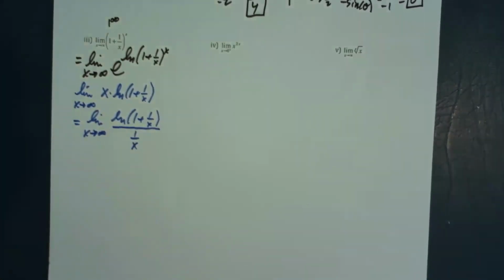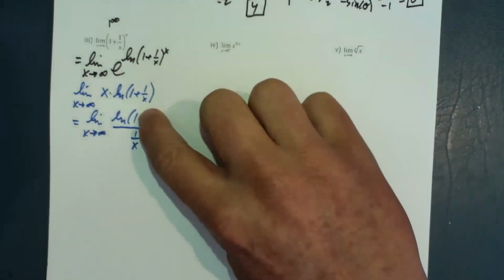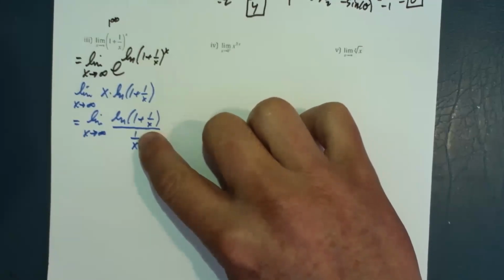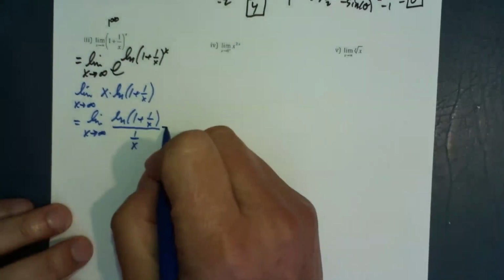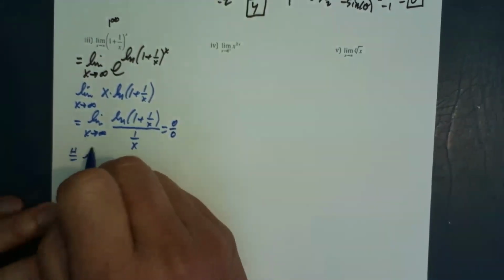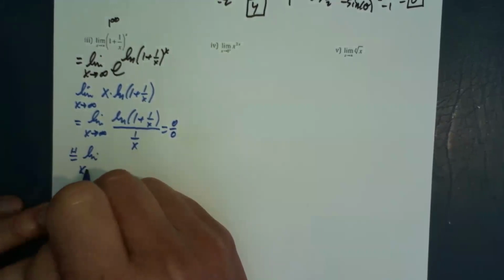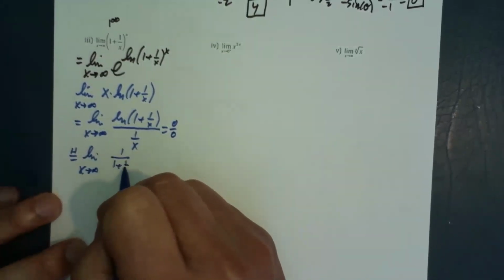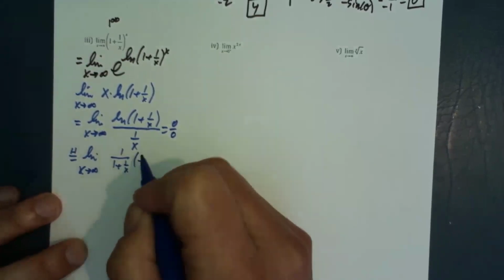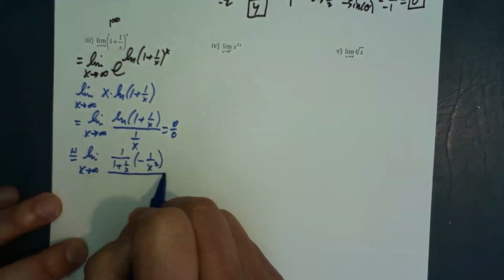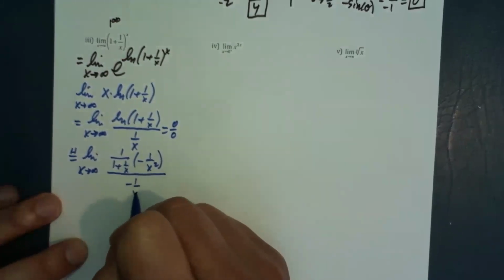And now I have 0 over 0. As x goes to infinity, the whole part goes to 0. ln of 1 is 0. And that, as x goes to infinity, goes to 0. So now I have my 0 over 0. So now I'm going to apply L'Hopital's. This becomes 1 over 1 plus 1 over x times negative 1 over x squared over negative 1 over x squared.